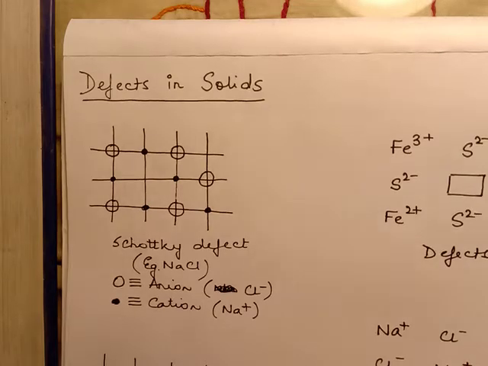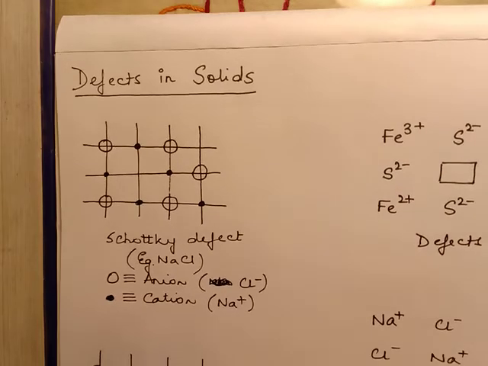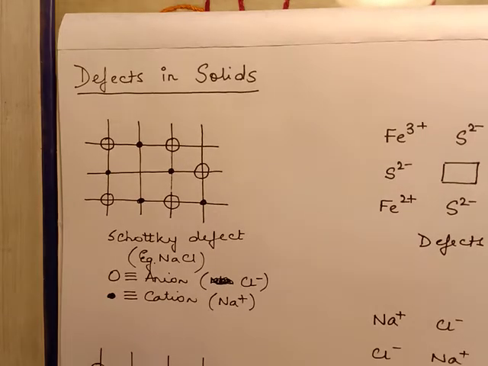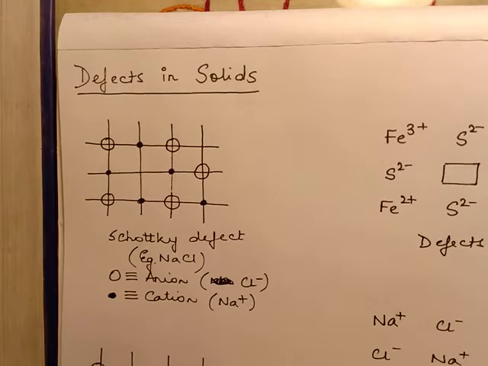It is a crystal lattice which has been represented in the figure, and as you can see, both one anion and one cation are absent from the crystal lattice. That is basically the essence of Schottky defect. An equal number of anions and equal number of cations are absent from the crystal lattice. This is common in certain compounds such as NaCl.